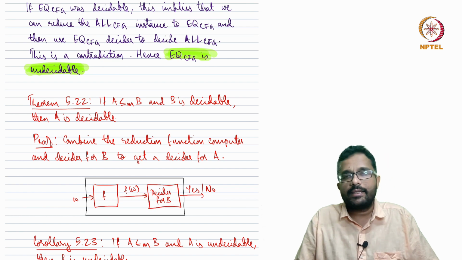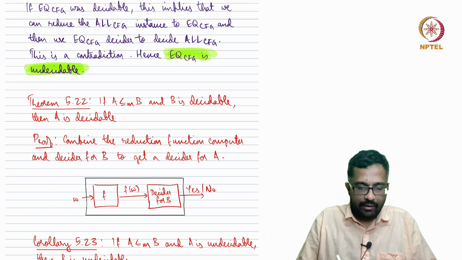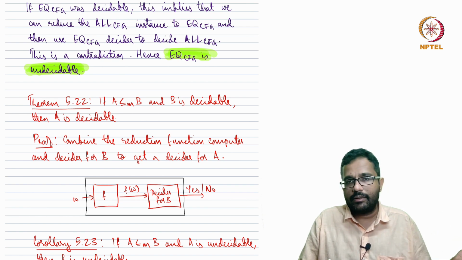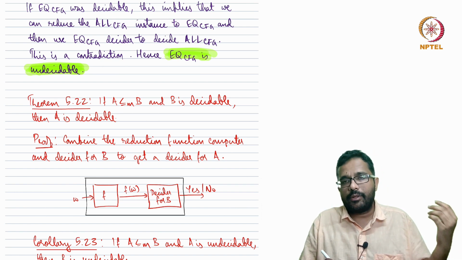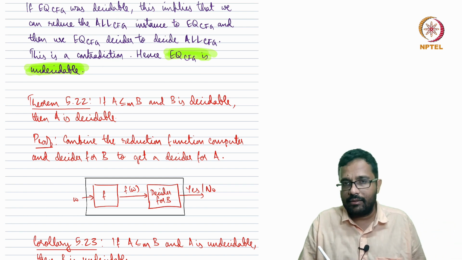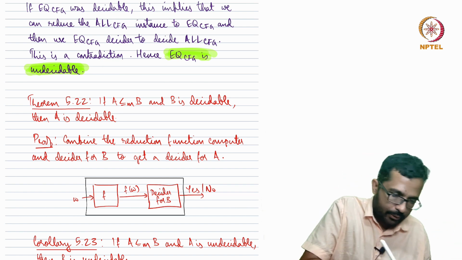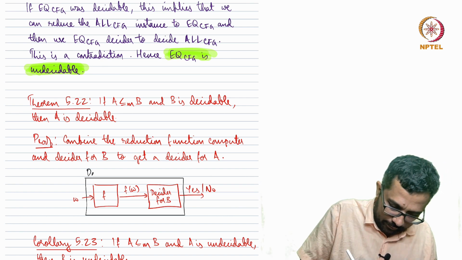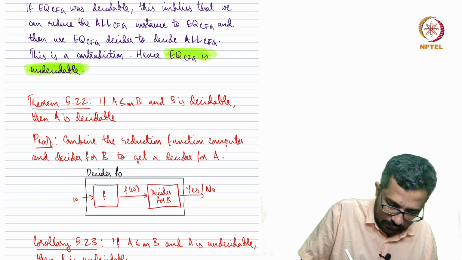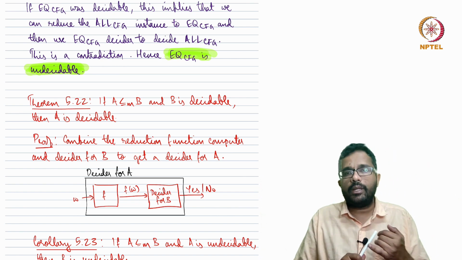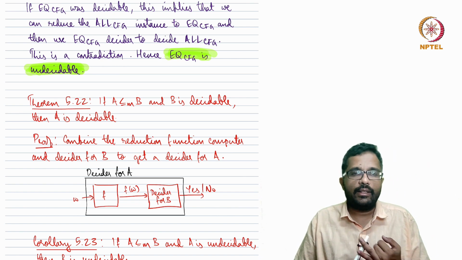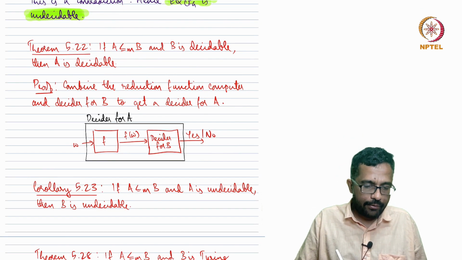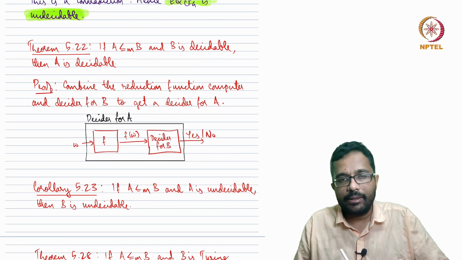The assumption is that B is decidable, so there is a decider for B. If B says f of w is in B, then we say w is in A. If B says f of w is not in B, then w is not in A. So the whole construction is the decider for A. Using a decider for B and the reduction function, we get a decider for A. The same thing implies that if A reduces to B and A is undecidable, then B is undecidable.